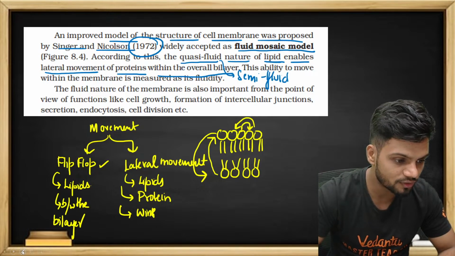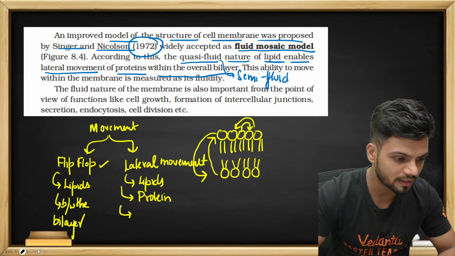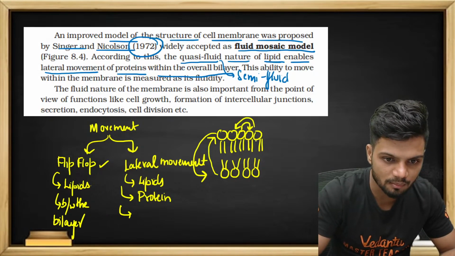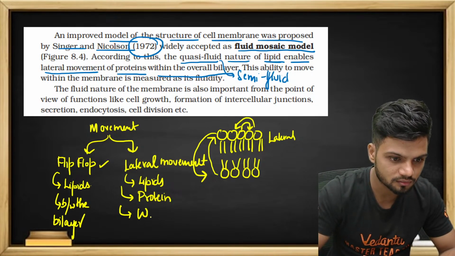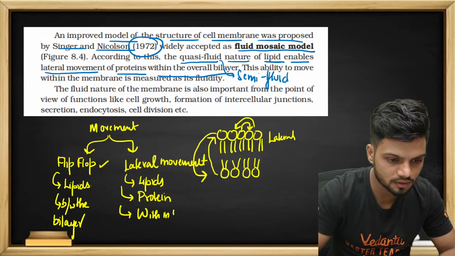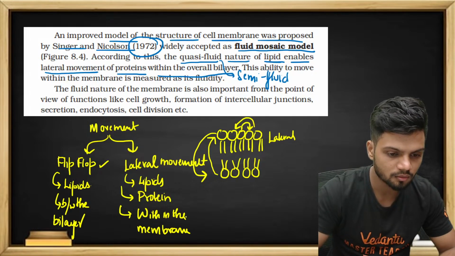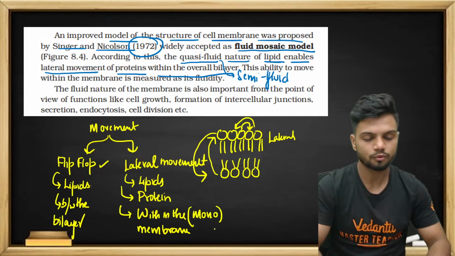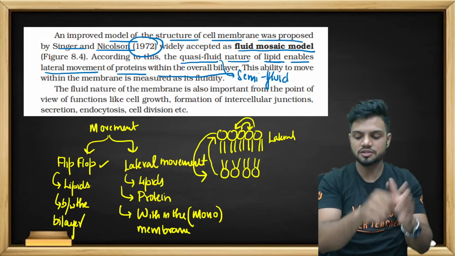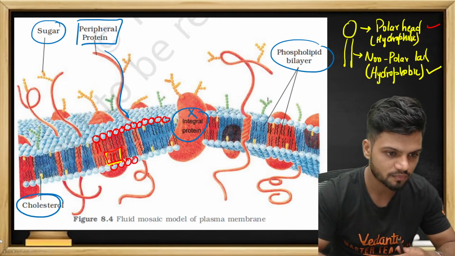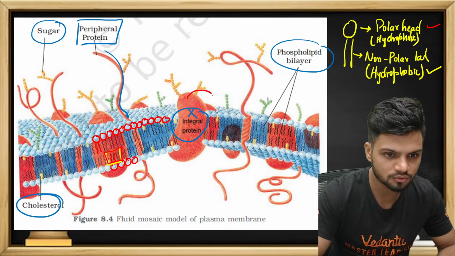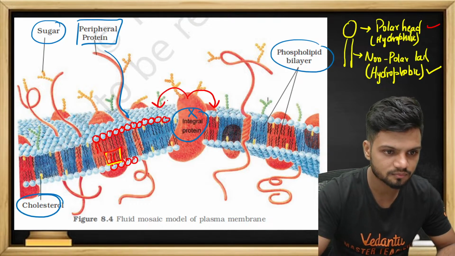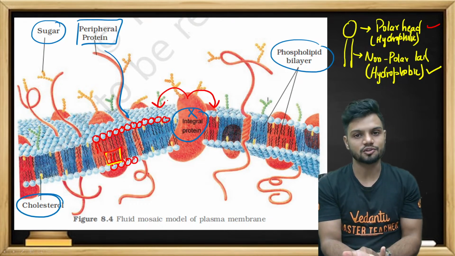Only one membrane is involved, the monolayer. Imagine we have a protein here, students. This integral protein right here can move this side, or it can move this side. Lateral movement, because it is semi-fluid in nature.